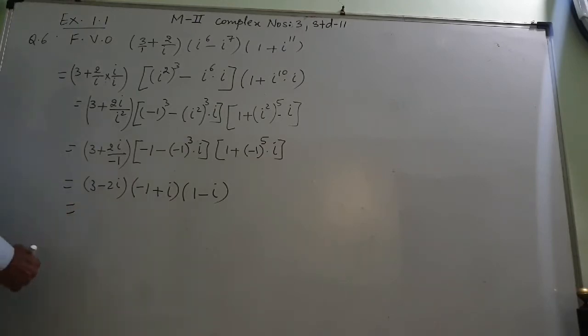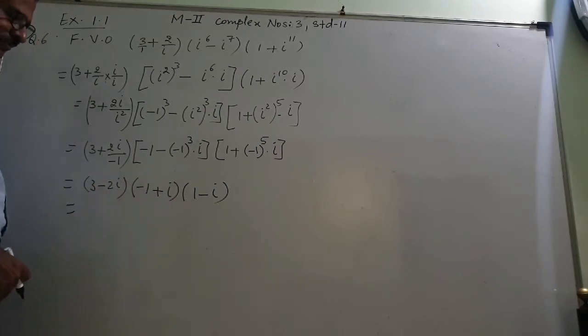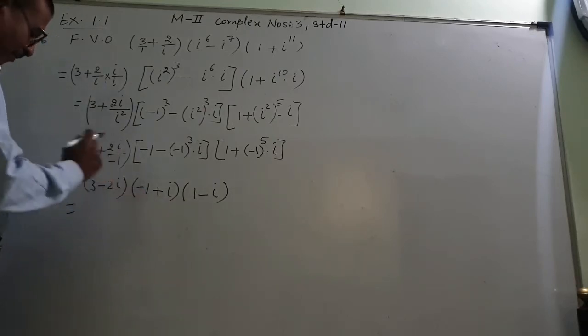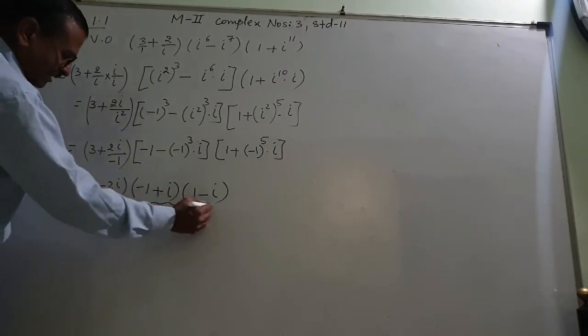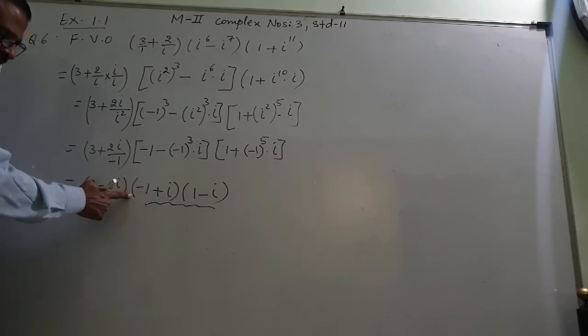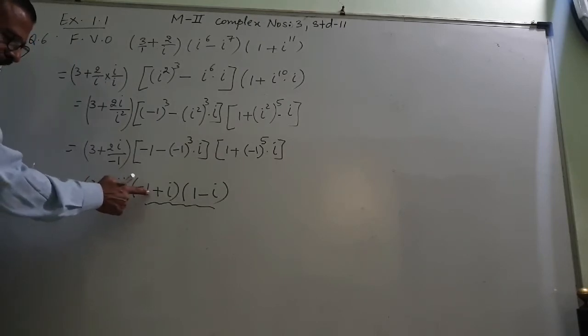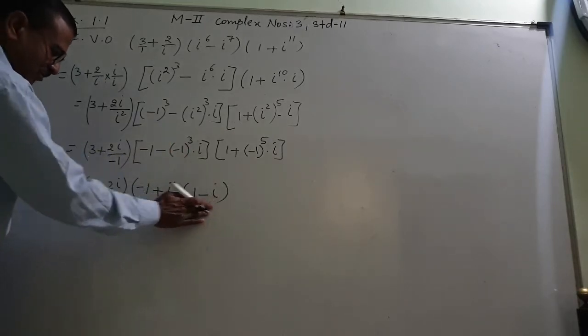Now I will do the multiplication of this bracket and of this bracket. So what I will do is, first of all I will multiply this. Either you can adjust the signs, take this minus 1 out, and it will become 1 minus i. That also will do.